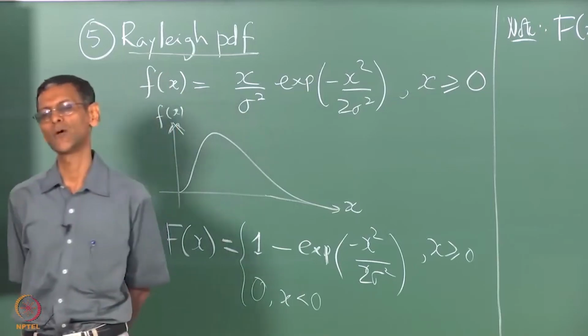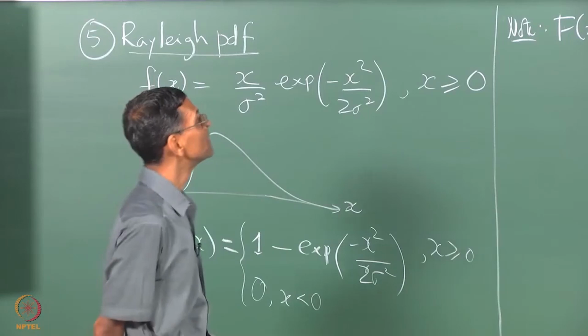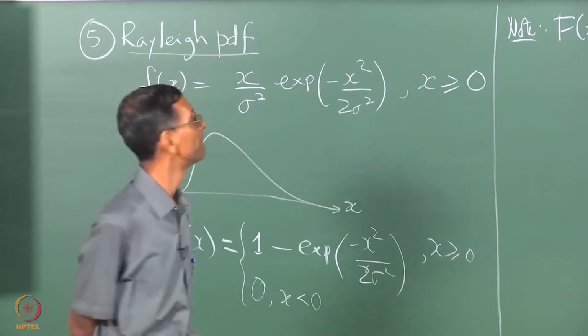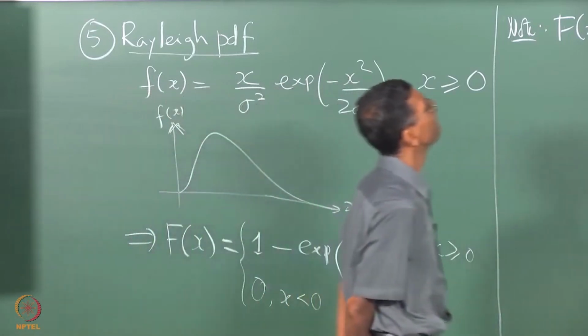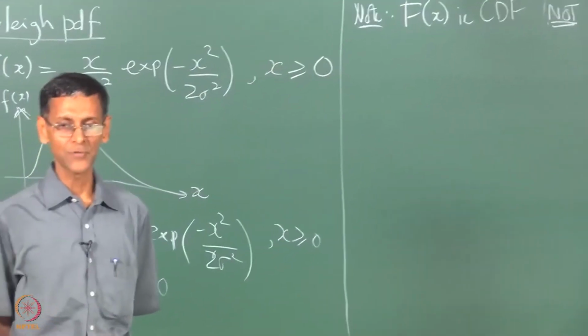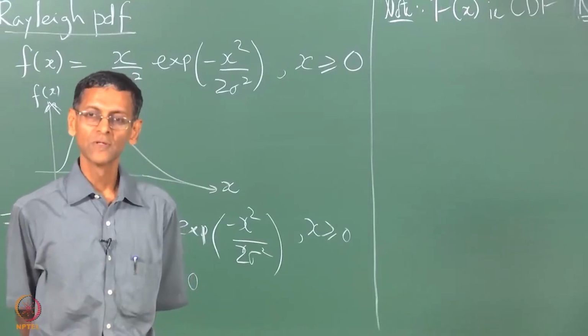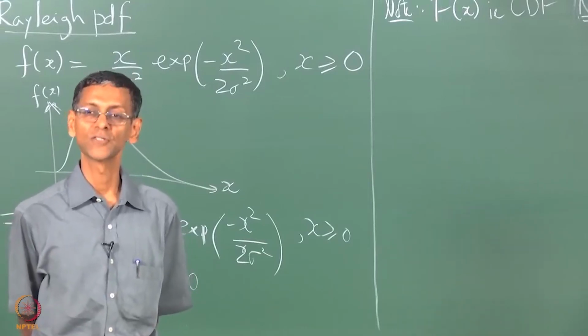Something as important as a Gaussian PDF, you have a closed form expression only for the PDF, but not for the CDF. But does that mean that capital F of x does not exist? Absolutely not. It has to be a number between 0 and 1. It is just that there is no nice expression for it, that is all.